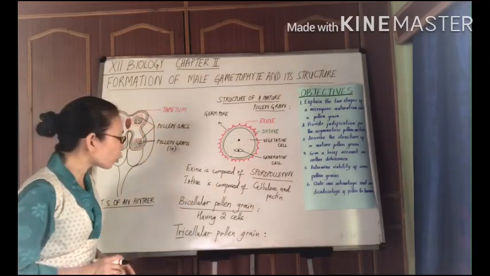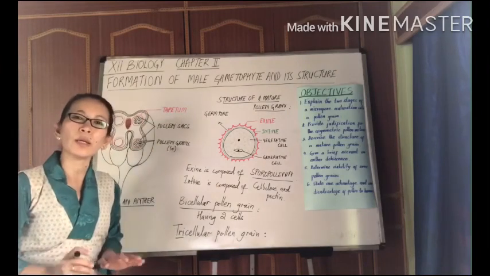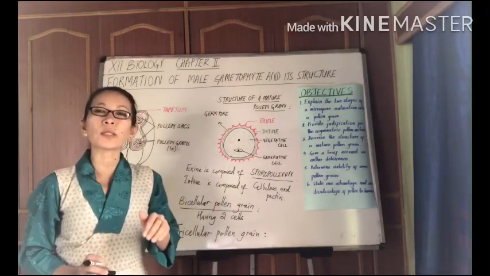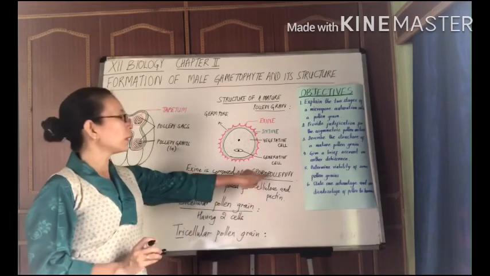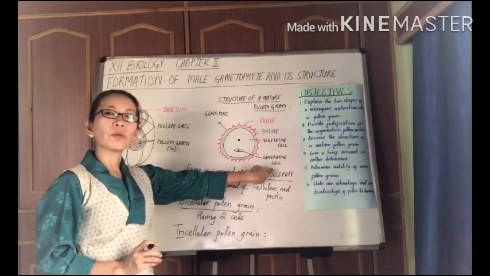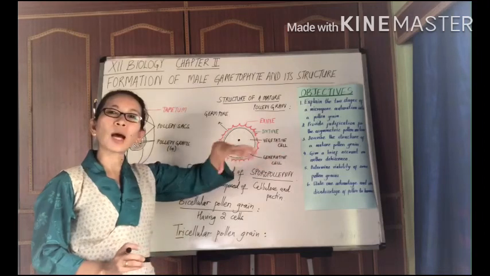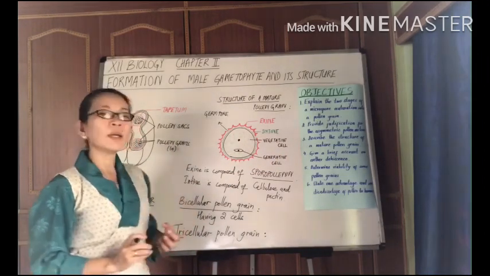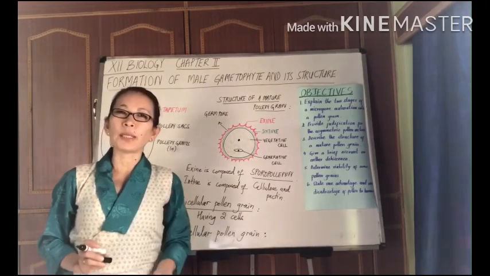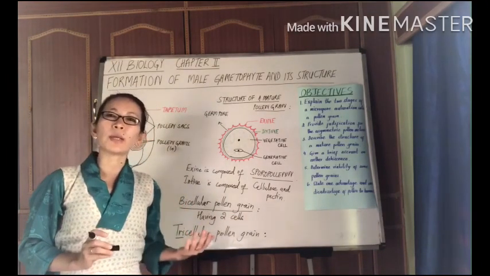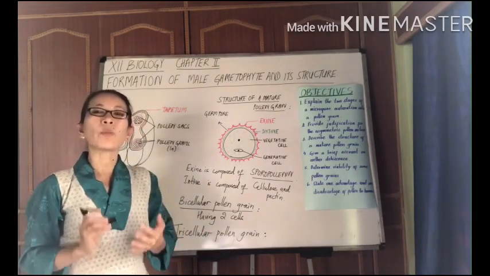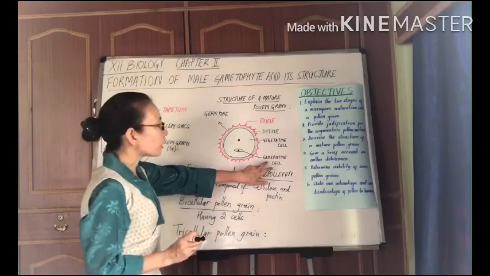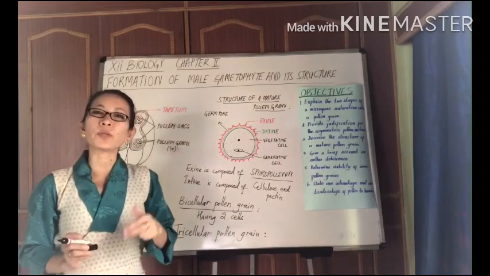Such a tricellular pollen grain is formed when there is a further mitotic division in the generative cell. The vegetative cell is the large cell which is not involved in the making of the gametes. The name itself states it is a vegetative, non-reproductive cell, whereas the generative cell is a reproductive cell.